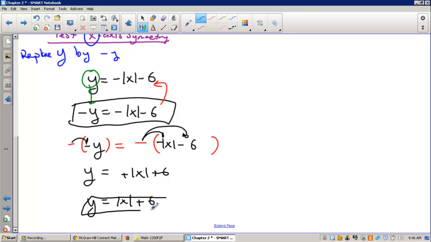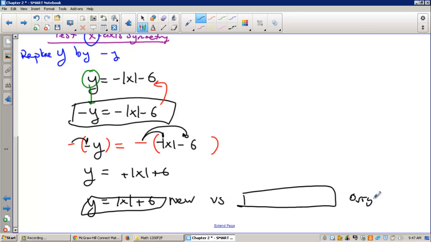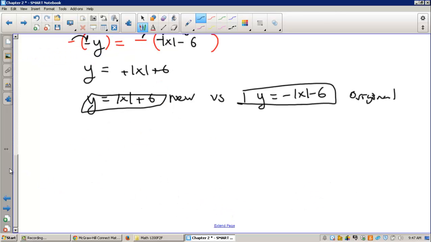Now compare the new equation versus the original one. What was the original one we started with? y equals negative absolute x minus 6. Are they the same or different? Different. Compare the right sides. I have a match on the left, y is y, but these are not matching. No match, right?